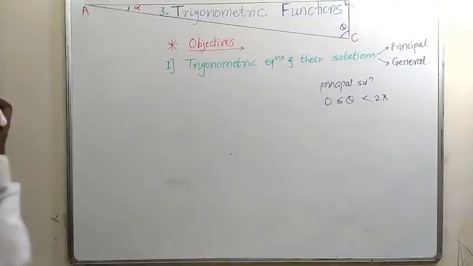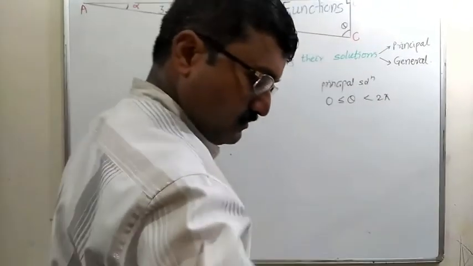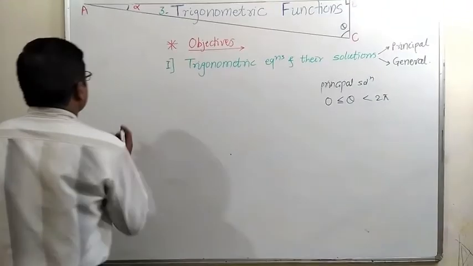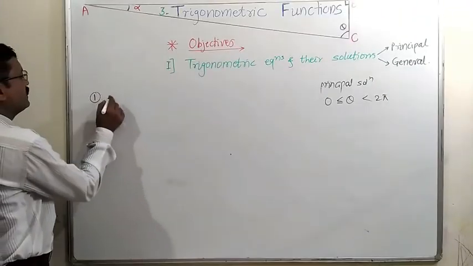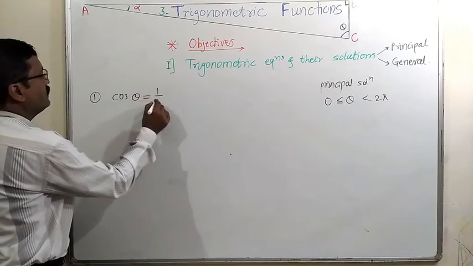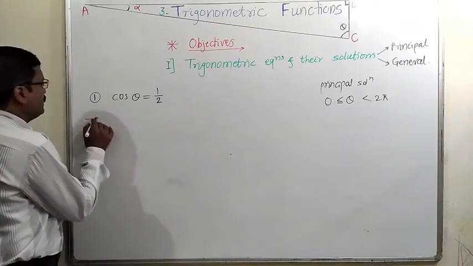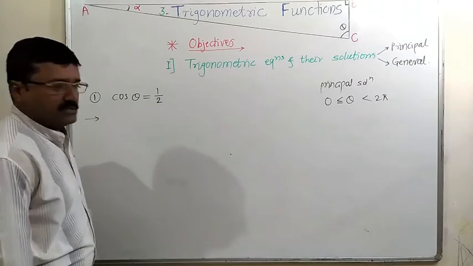Remember that. Let us see one example. Once again, I will take the example of cos theta equal to half. Instead of sin theta, I am taking cos theta. If cos theta equals half, then how to find the principal solution of this trigonometric equation?